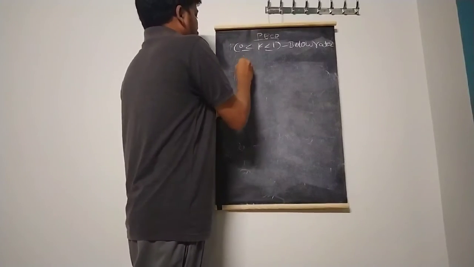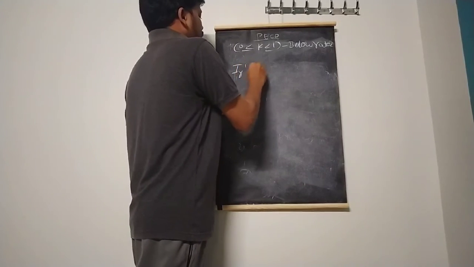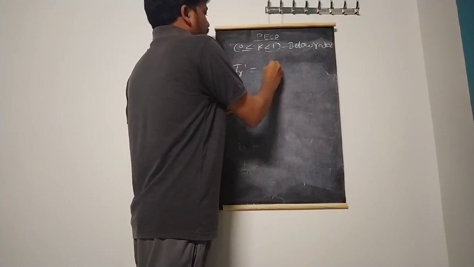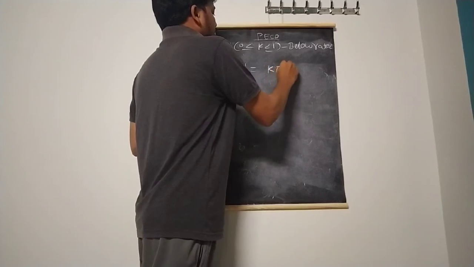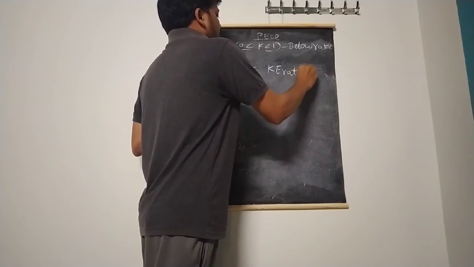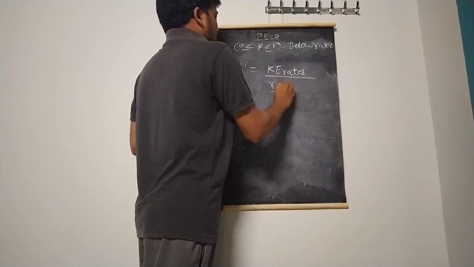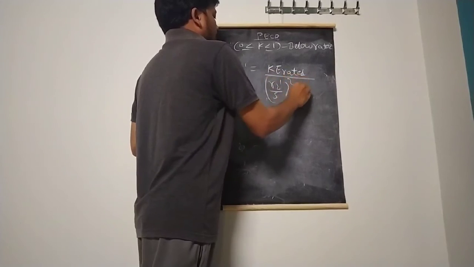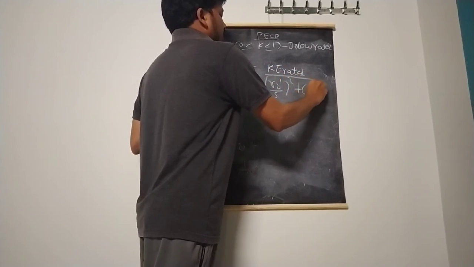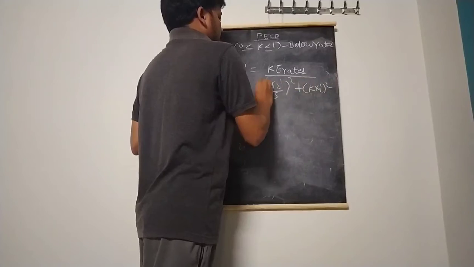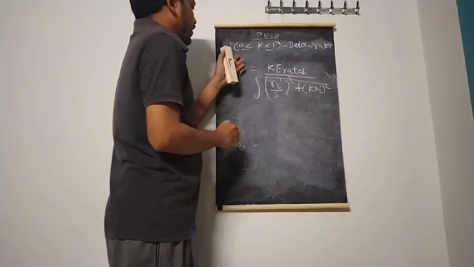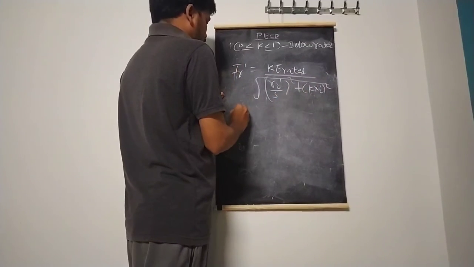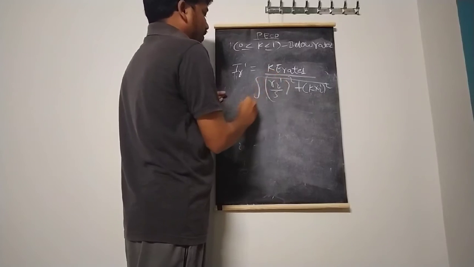We know that this is the rotor current IR dash. Now V is replaced with k into E rated, and R2 dash by s whole squared plus X2 dash replaced with k into X2 dash whole squared, all square rooted, for below rated frequency. This is the IR dash, and let us simplify it.